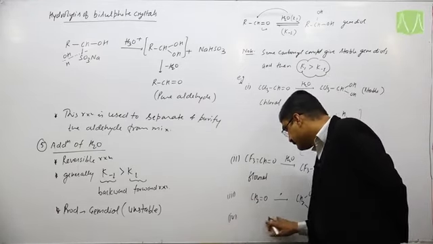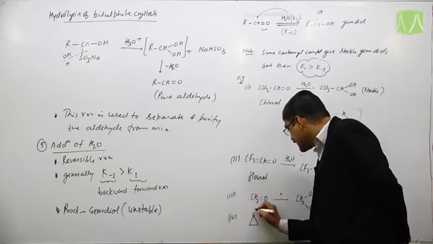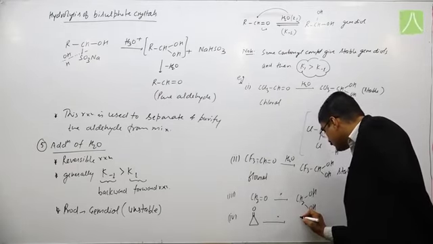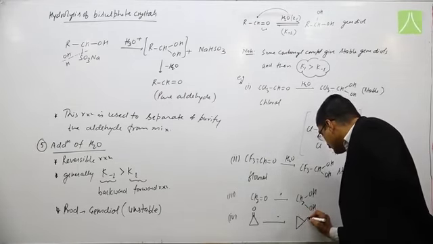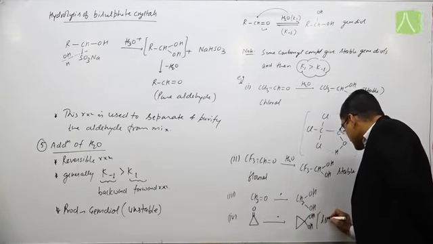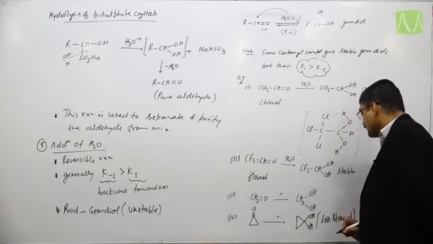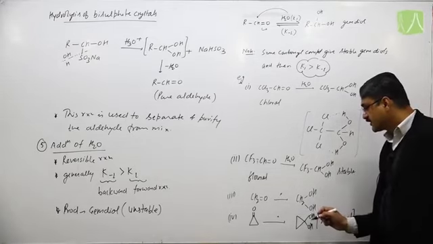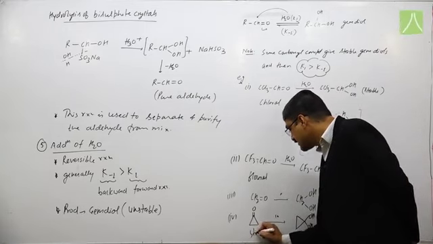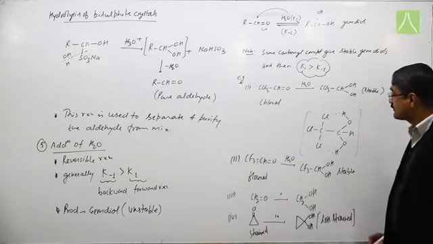Next is cyclopropanone. The product is less strained. Because of strain release, the reaction goes forward. So the ketone is strained and the hydrate is less strained.